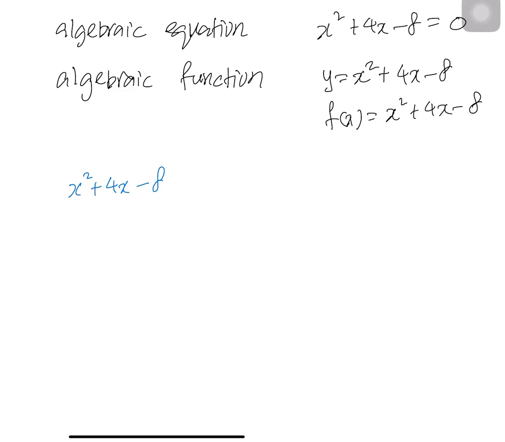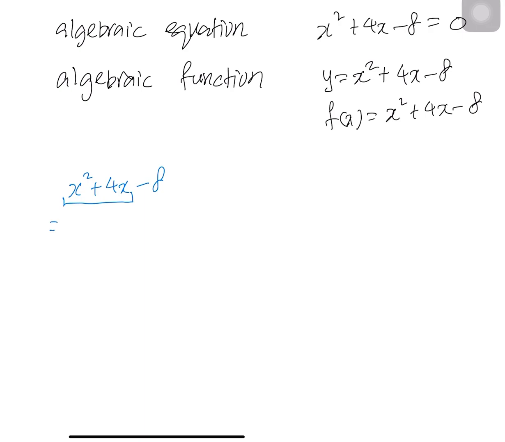So for an expression, what should we do first? We only do completing the square on these two terms, x squared plus 4x, the x squared and the x term. The constant term, we just leave to one side.